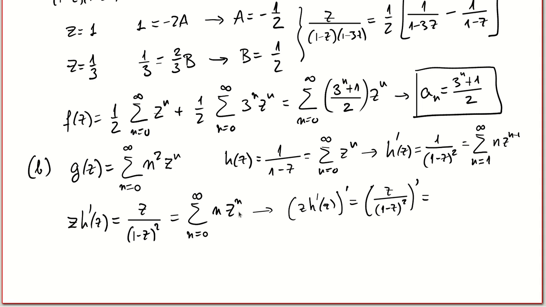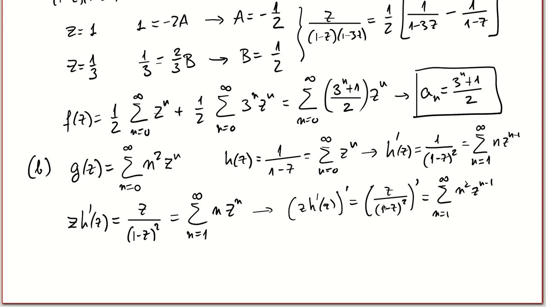And if we take the derivative, we have the sum from, well, by the way, this was 1, okay? We have the sum from 1 to infinity of n squared z to the n minus 1.